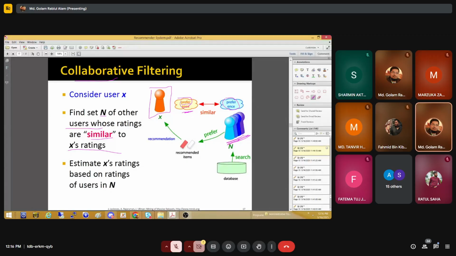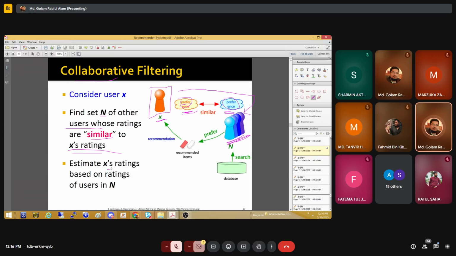That means you and those people are similar minded, because you have similar choices. So we find N other users whose ratings are similar to x's ratings, where x is this user.